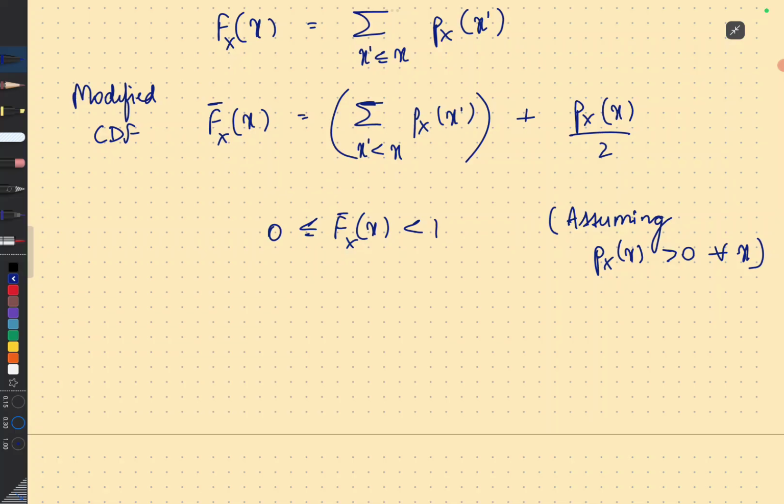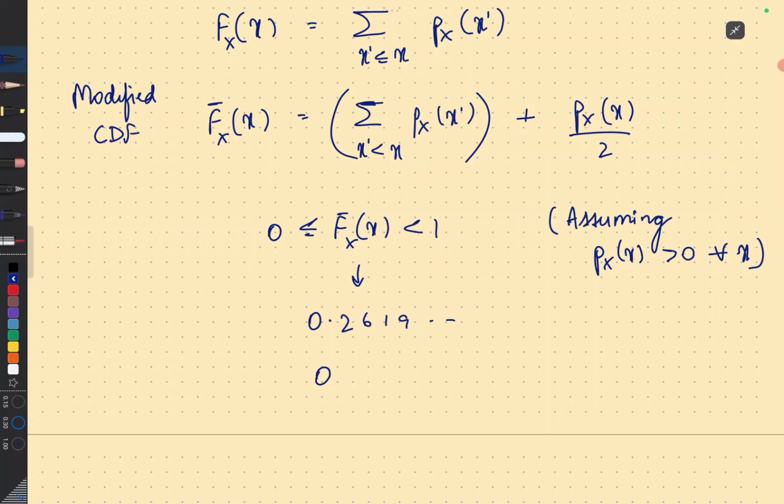What I can do is look at the binary representation of this particular number. All right. So this, for example, it's some 0.2619 something. This would be the decimal representation of this particular number.